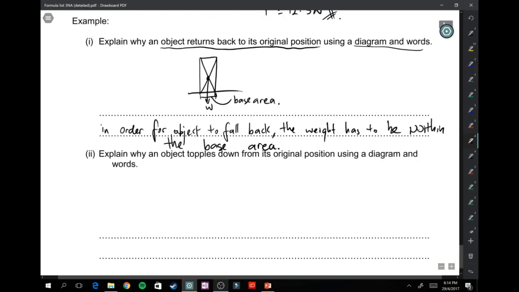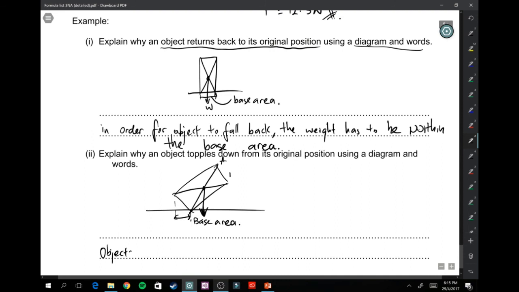Alright, and lastly, why an object topples down. So you may want to draw another diagram. Label this as the base area. Okay, find the CG, which is here, and realize that the object falls.